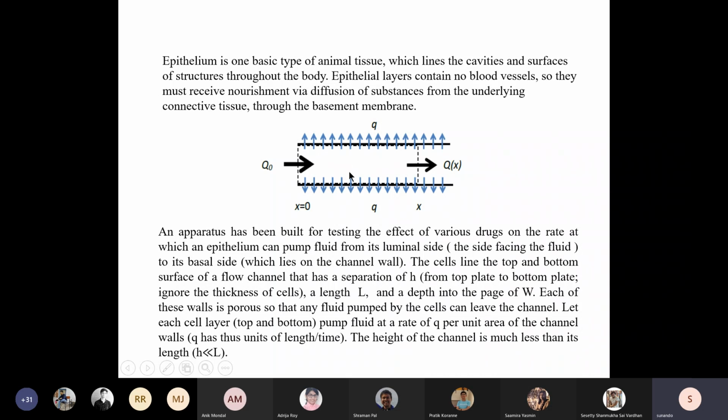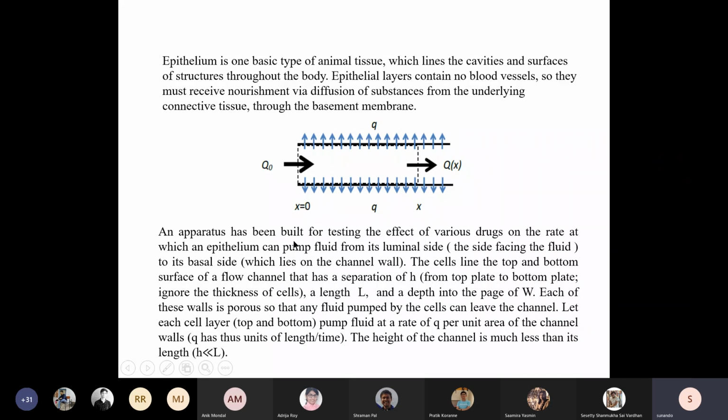What is the pressure difference between the two? We would also understand that as Q0 starts to flow and as we lose some of the material through the pores of the epithelial tissue, this Q, the volumetric flow rate, is going to be a function of x, which is going to be intimately related to the small q that we have over here.